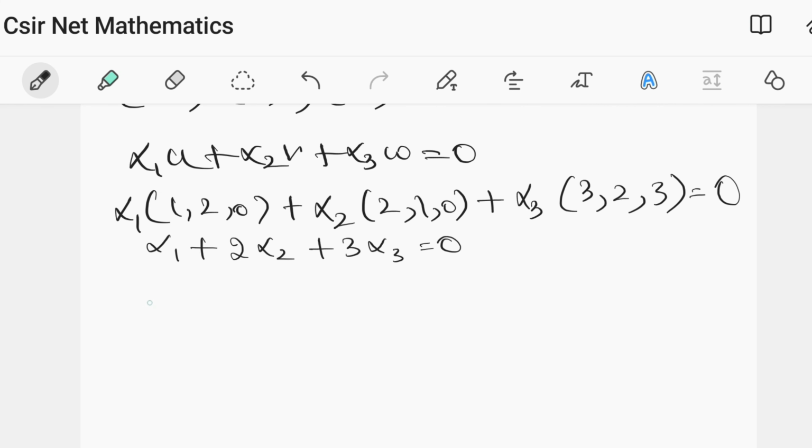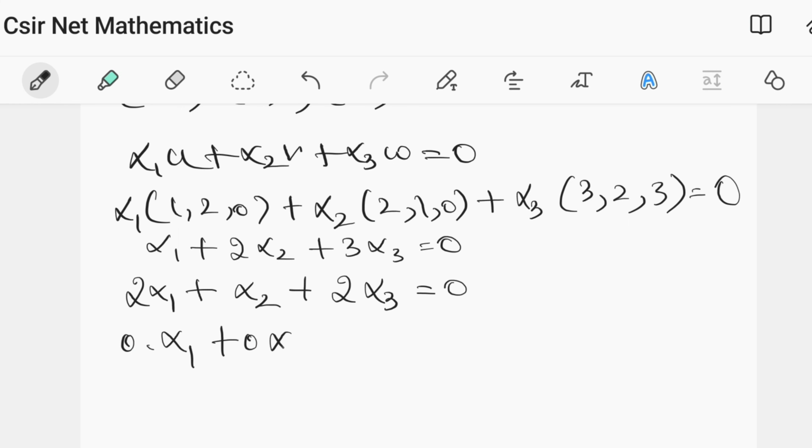The second gives 2 alpha 1 plus alpha 2 plus 2 alpha 3 equal to 0. Finally, 0 into alpha 1 plus 0 into alpha 2 plus 3 into alpha 3 equal to 0.